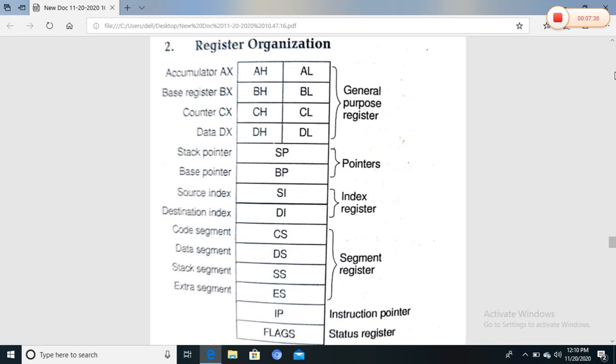What is the address? Offset means that the processor has a 20-bit starting address, the physical address of the memory segment, which is called the base address, and is always present in a segment register.